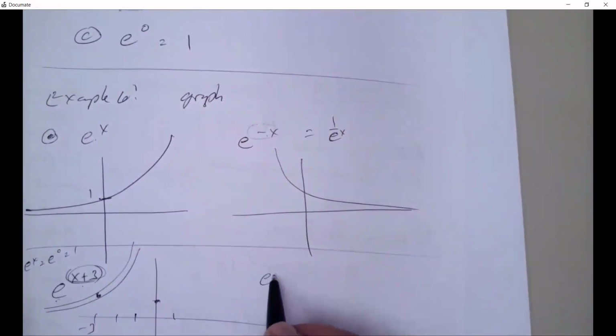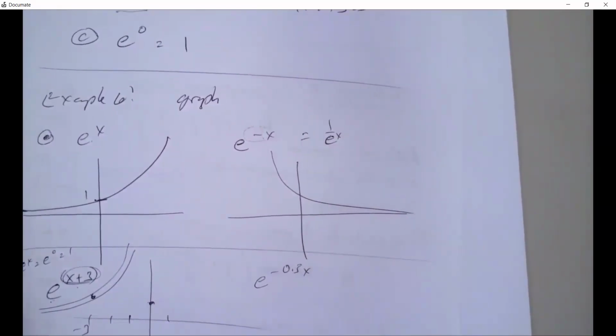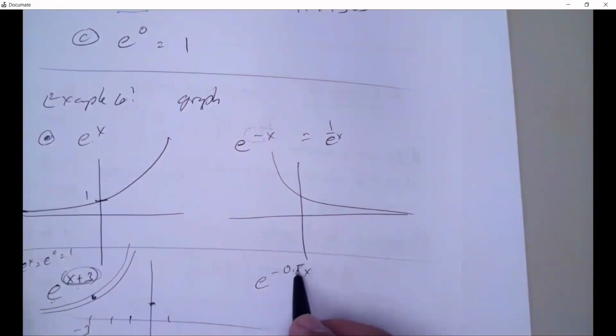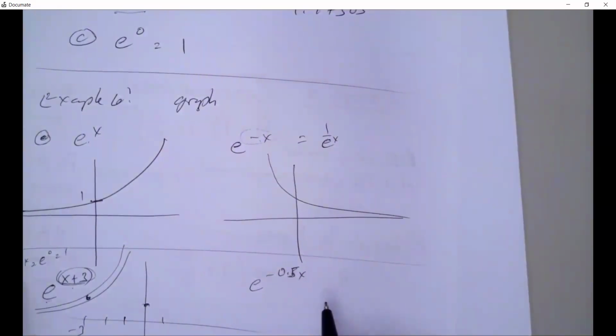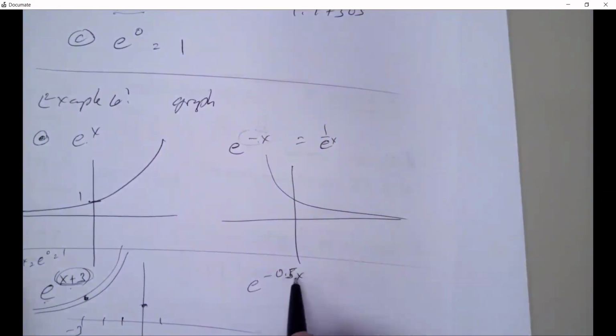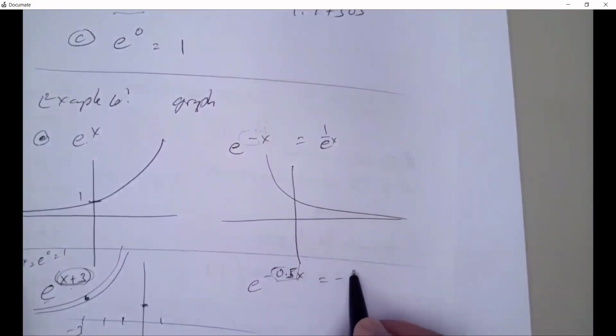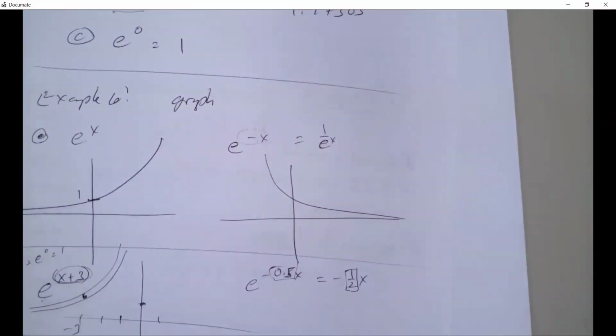e to the power negative 0.5x. Well, first off, we know that it's a negative 1/2 x. The exponent is a fraction.